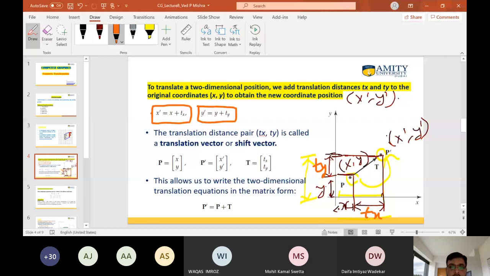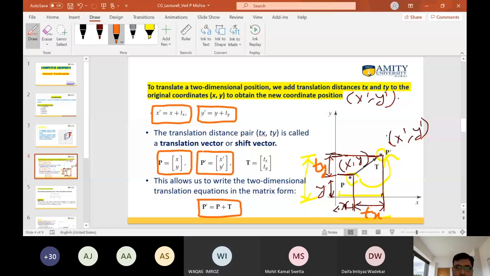If you want to write it in the form of a matrix, firstly you can write these positions as P dash equals P plus T. What is P? P is the original coordinates x, y. P dash is the new point, x dash, y dash.